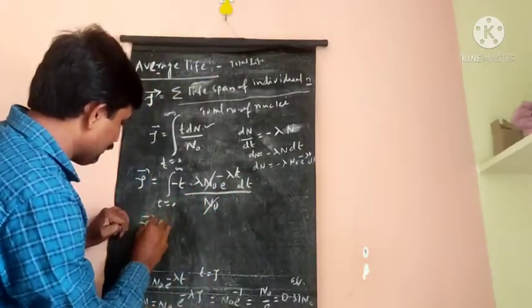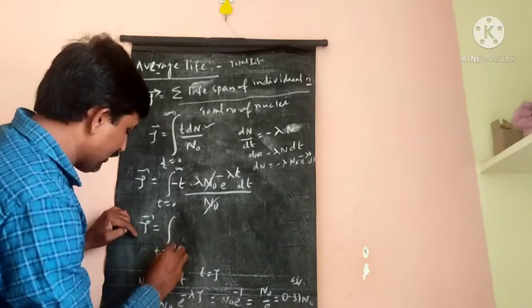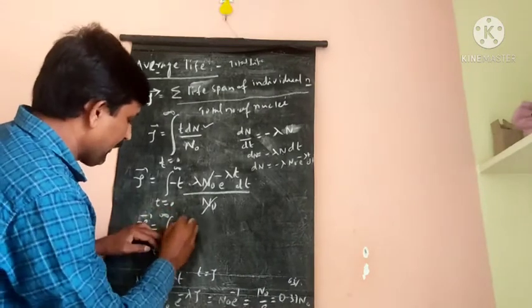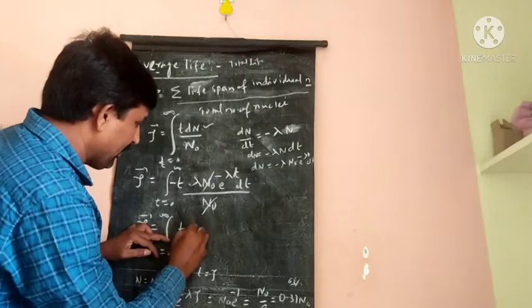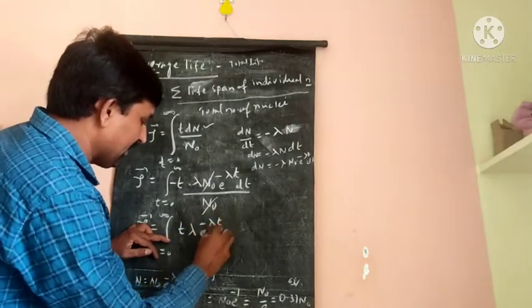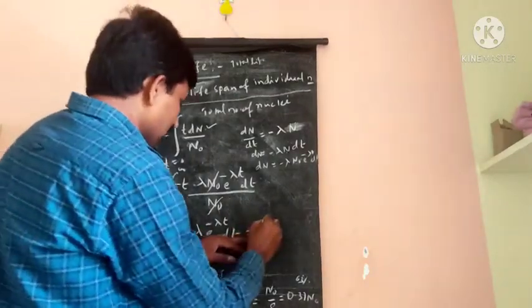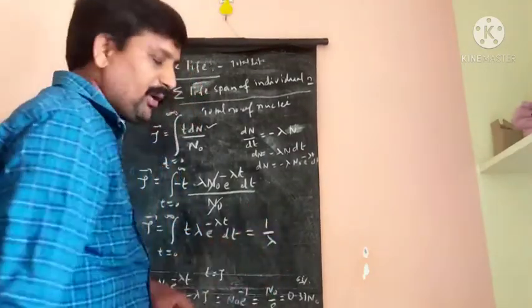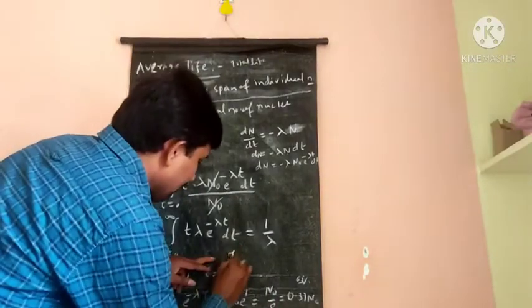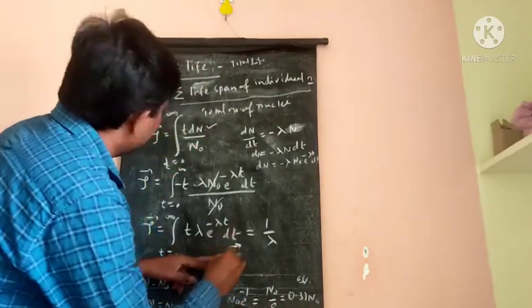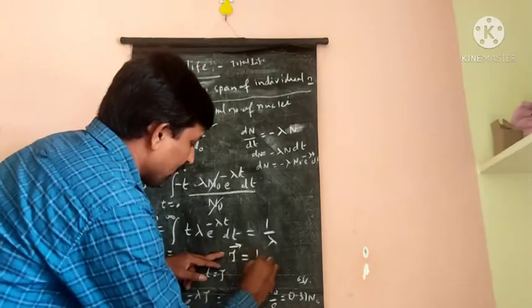Here tau is equal to the integration from 0 to infinity of t lambda e power minus lambda t dt. By integrating, we can find 1 by lambda. So here the average life tau is equal to 1 by lambda.